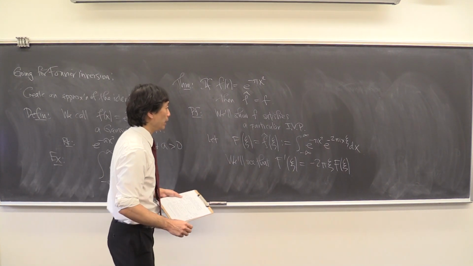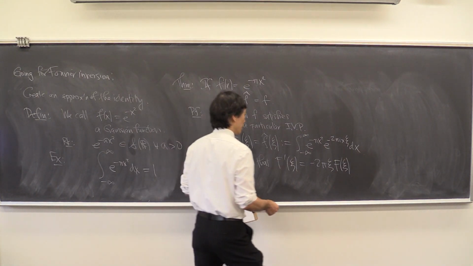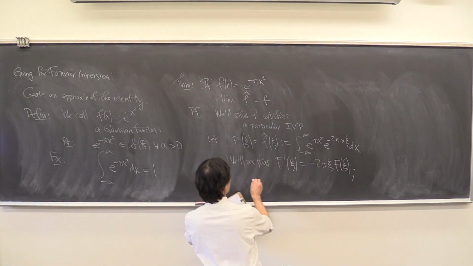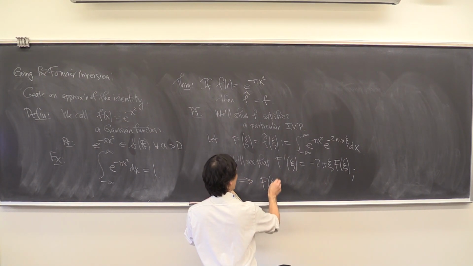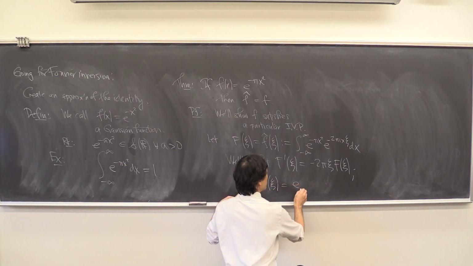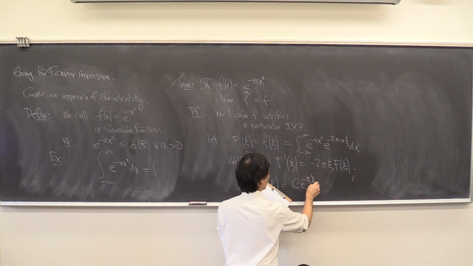Okay, and then which tells us that f must be of the form constant times e to the negative pi c squared.